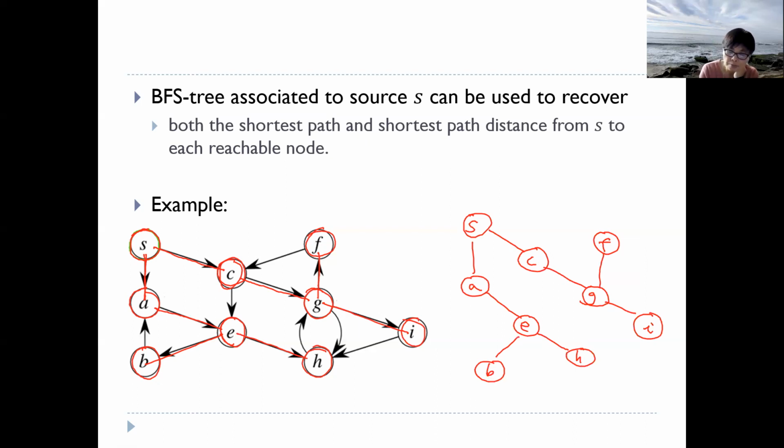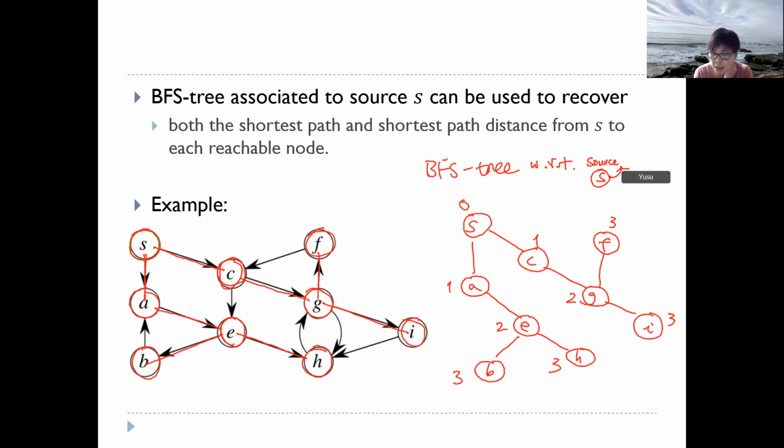And also remember the shortest path distance to these nodes: at S, the shortest path distance is 0, this is 1, this is 2, and this is 3. Now you see that intuitively, this is the BFS tree with respect to source S. So this is the BFS tree rooted at S.